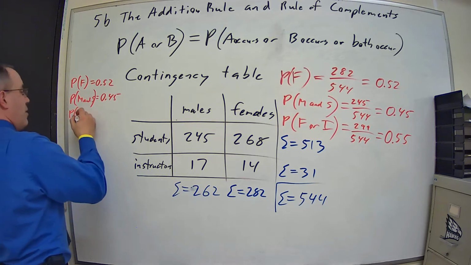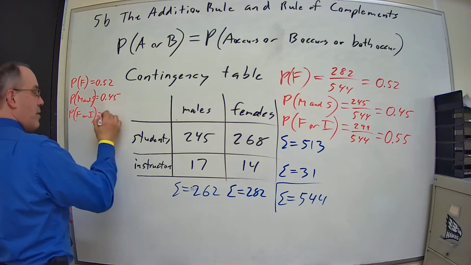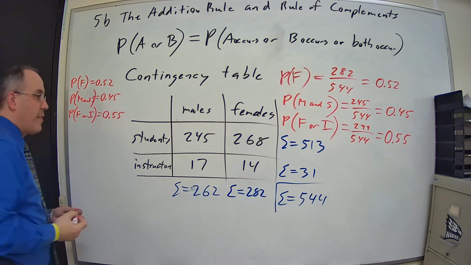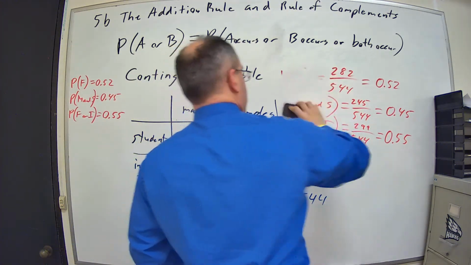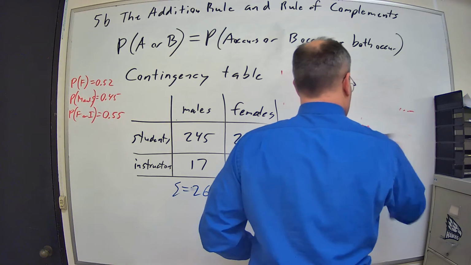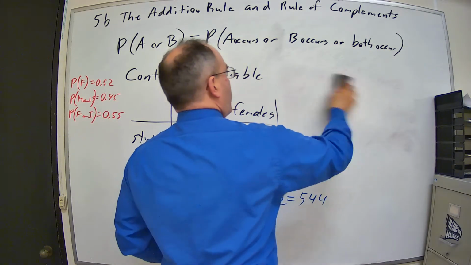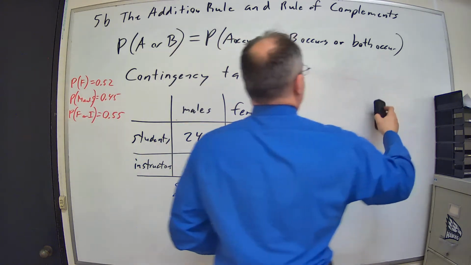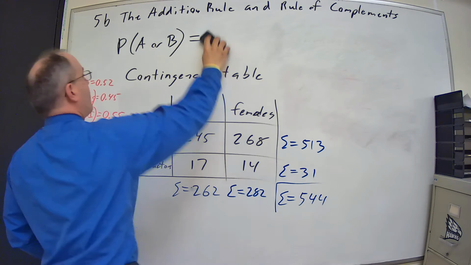Probability of female or instructor, 0.55. Okay, that's going to allow me to get this out of the way here. Remove all that. Just going to give myself a little more space to work with, and get this out of the way just a little bit.